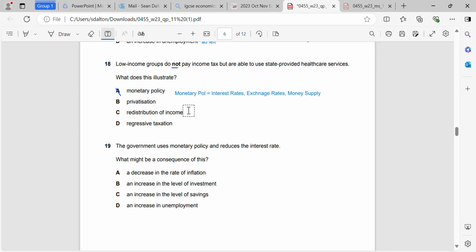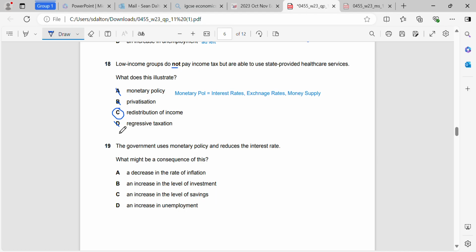Right? Does it show the effects of privatization? No. That is where companies move from state provided services to private services, but that is not happening. Does it show redistribution of income? Yes, it does. Why? Because they're not paying income tax, but they are able to use the state-provided healthcare services, which would be paid for from the income tax paid by high-income groups.